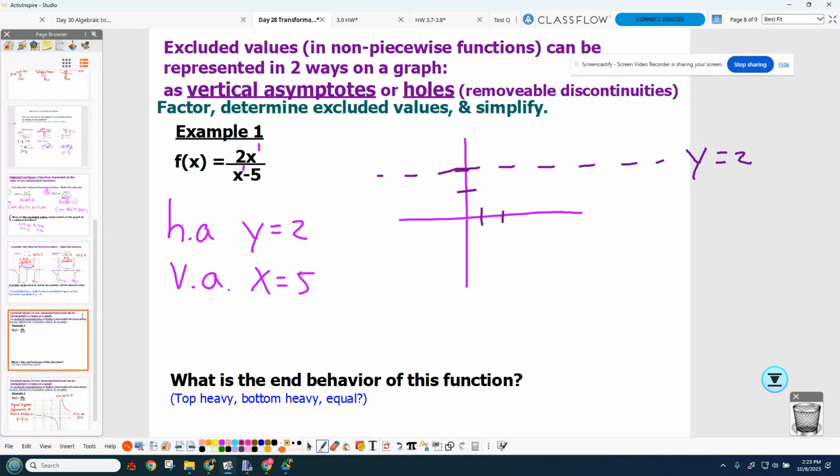And then there's my vertical. How do I find x and y intercepts? When it hits the y-axis, what's the x value? X equals 0.